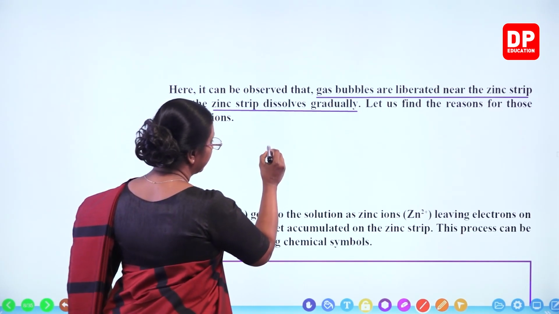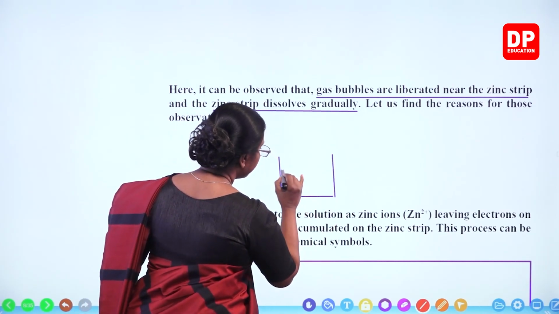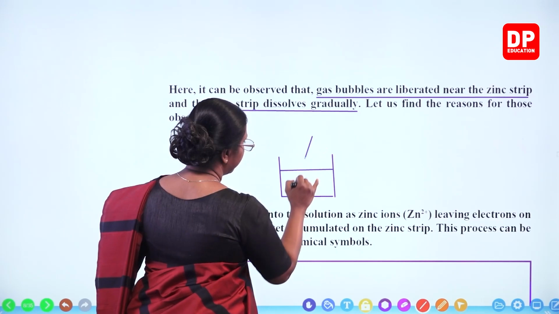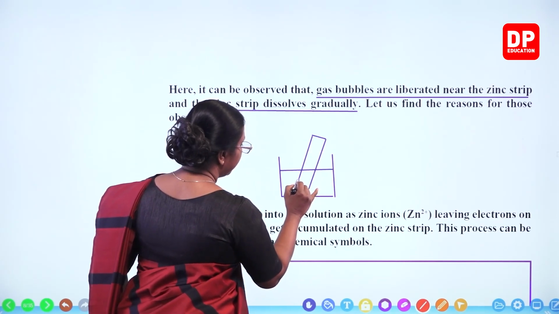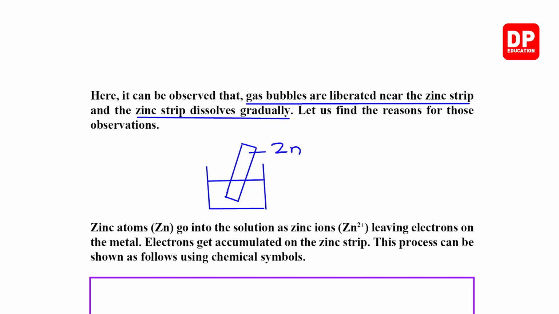Before we go to that, you can remember, we had the beaker, in that sulfuric acid, and there we had the zinc strip. This is zinc, this is H2SO4, and you were able to see gas bubbles, that is H2 gas, and also you were able to see the zinc strip dissolve.